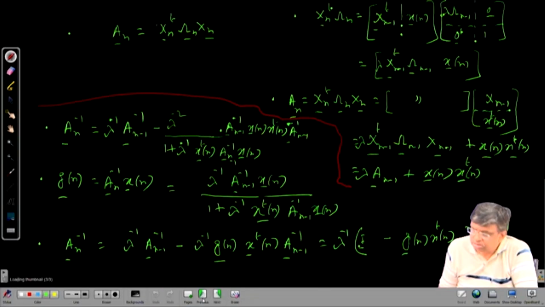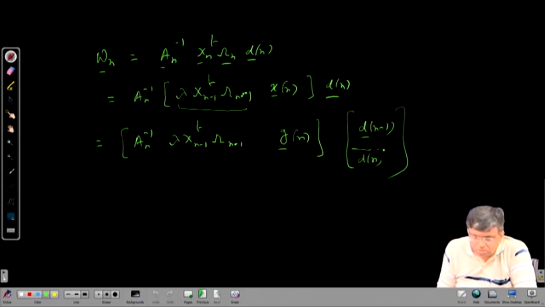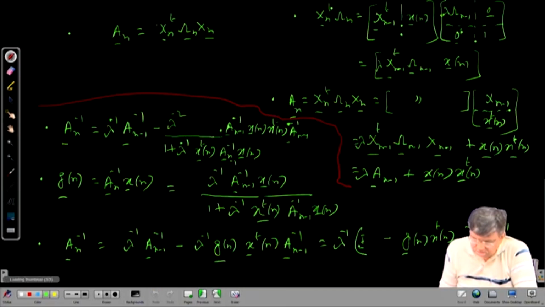Remember this is what. So far so good. Now, A n inverse. A n inverse, we worked out lambda inverse, then this into A n. Okay. So, we put that here, lambda inverse, then within bracket identity minus G n x transpose n and this.